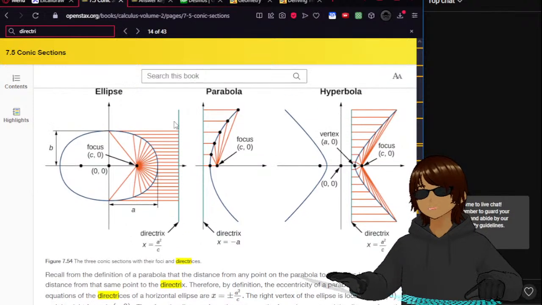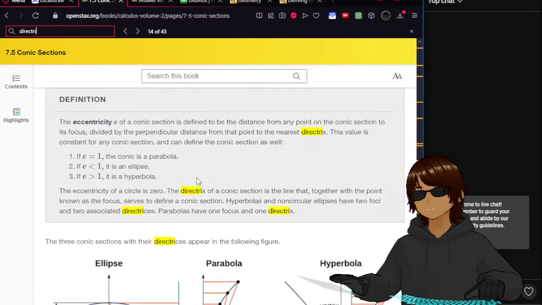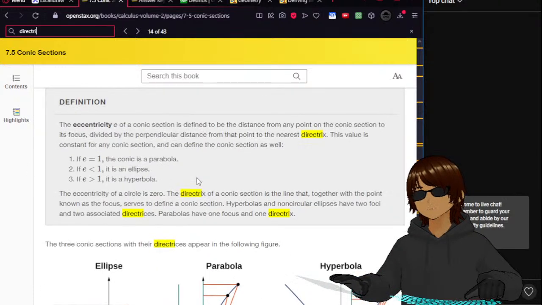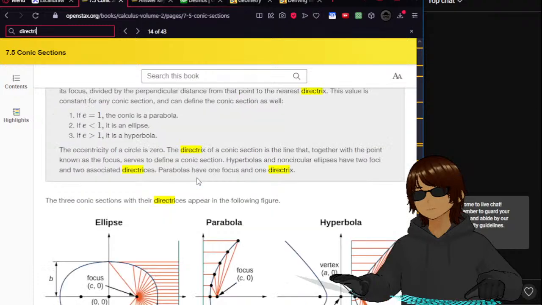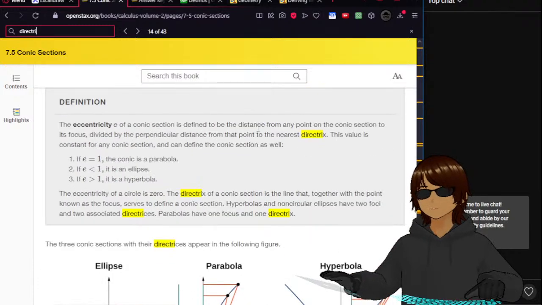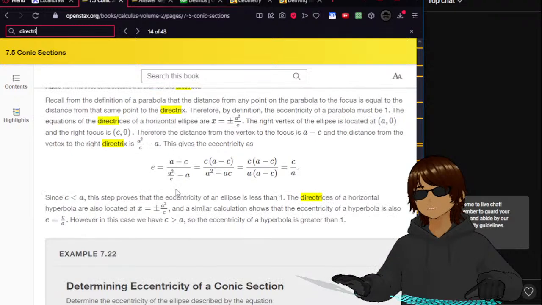Like, okay, I would have to write a proof that the directrix exists at all. Like, there's a line. No, hold on. I need to understand the definition of a directrix.